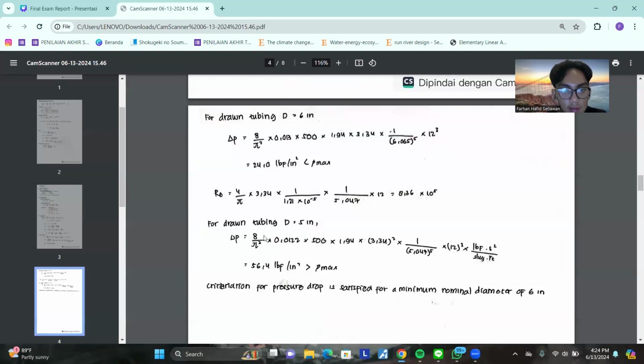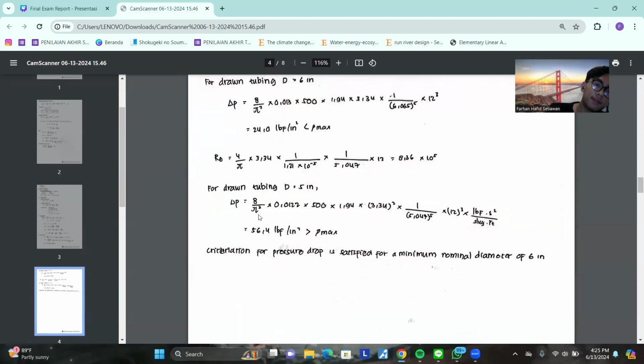We search that delta P for the drawn tubing with 5 inch. So the delta P is equal to 8 per pi squared times 0.022 times 500 times 1.094 times 3.34 squared times 1 per 5.047, which means for the tubing diameter to the fifth times 12 cubed times lbf second squared per slug foot.